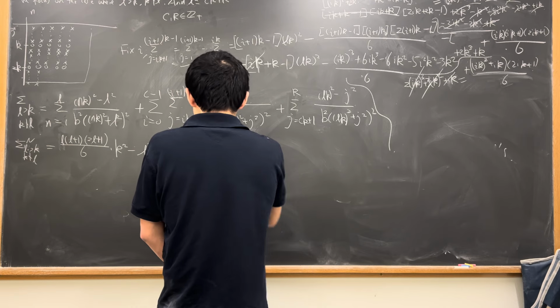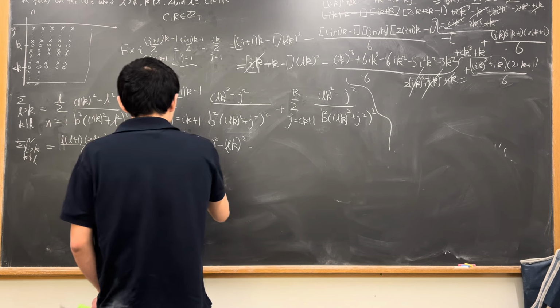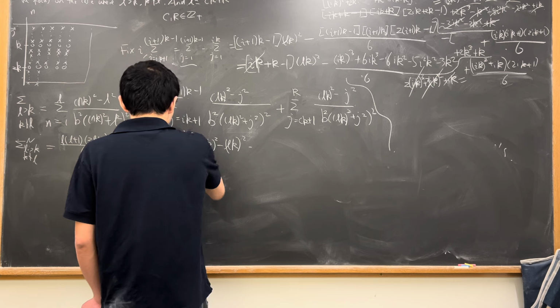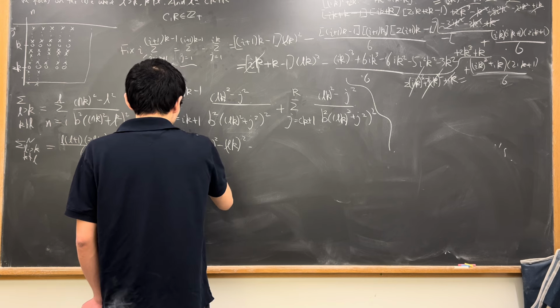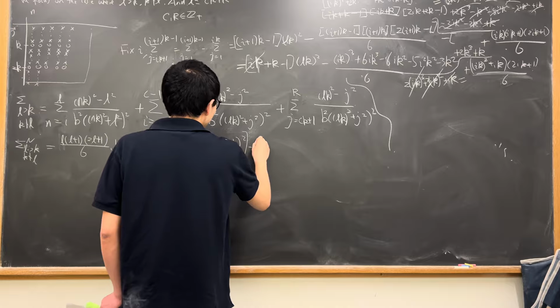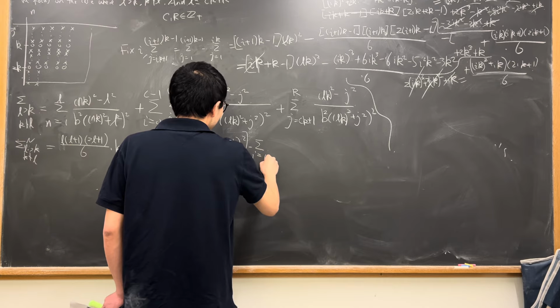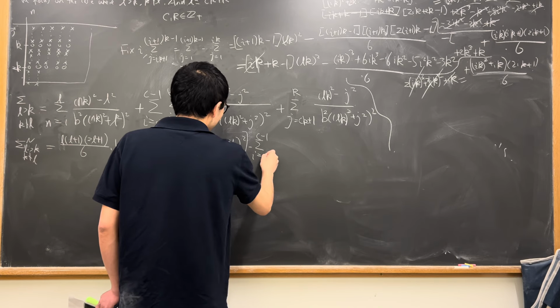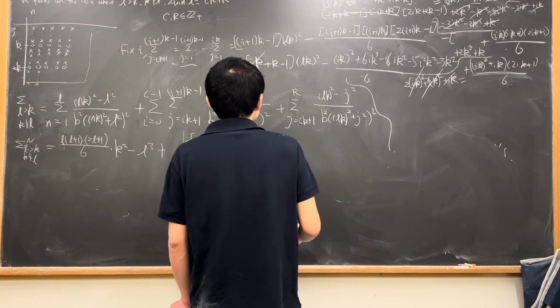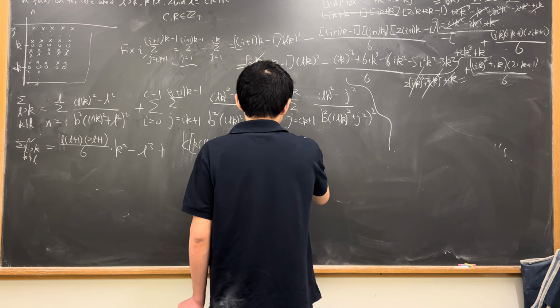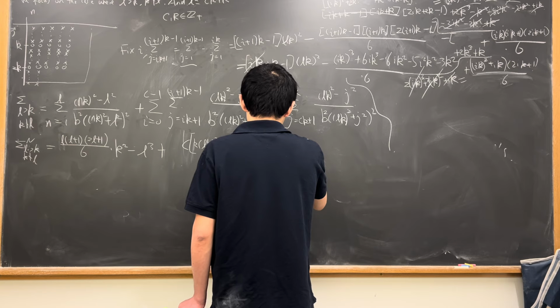There's no i here, so I can just multiply by c. And then minus the sum over i's of, over 6.